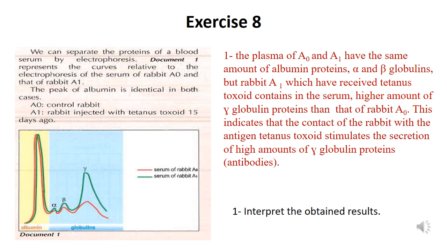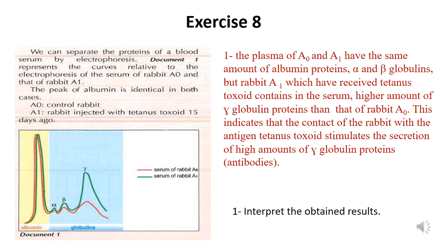But rabbit A1, which has received the tetanus toxoid, contains in the serum a higher amount of gamma globulin proteins than that of rabbit A0. So you see, I related the variable to the result. The rabbit A1 that received the injection of the antigen shows a higher amount of gamma globulin.